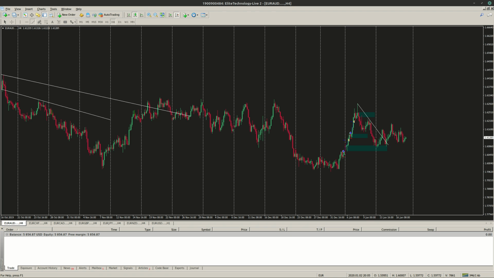And when you see this kind of price structure, what I usually do is draw some lines between points which represent resistance and support.